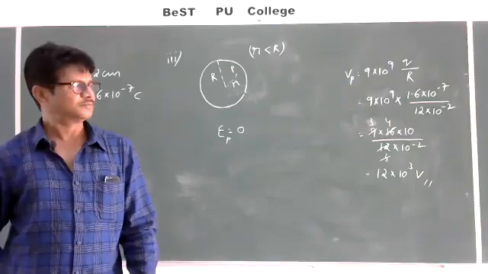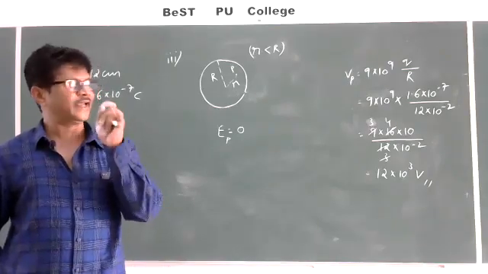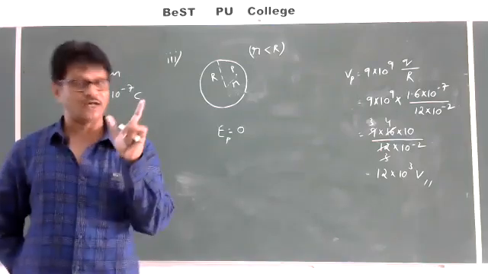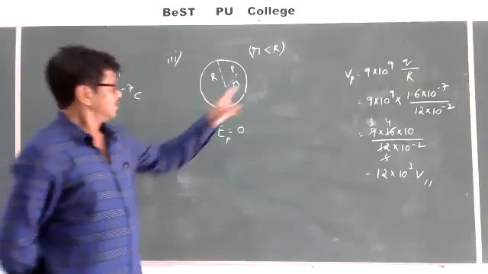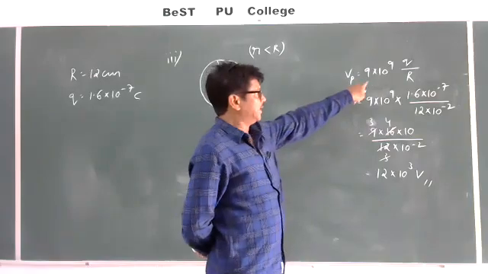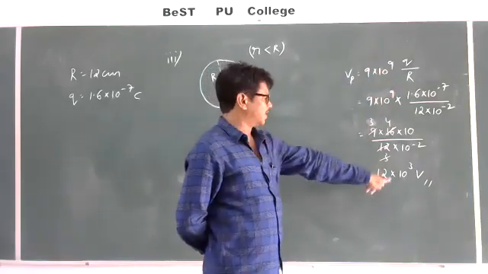That is nothing but how much potential will be there at the surface, the same potential will be there inside also. Now the same formula: Vp is equal to 9 into 10 to the power of 9 Q by R.